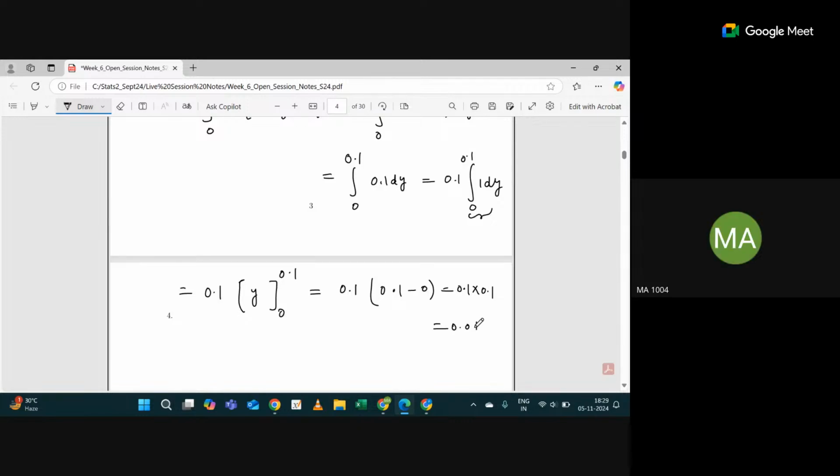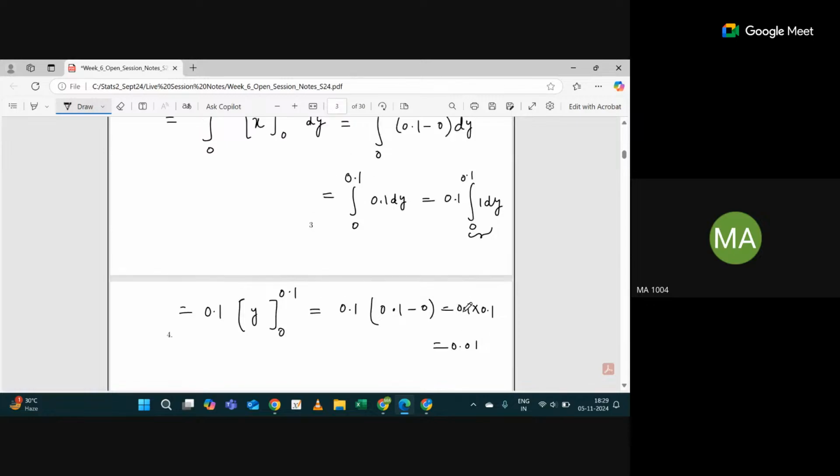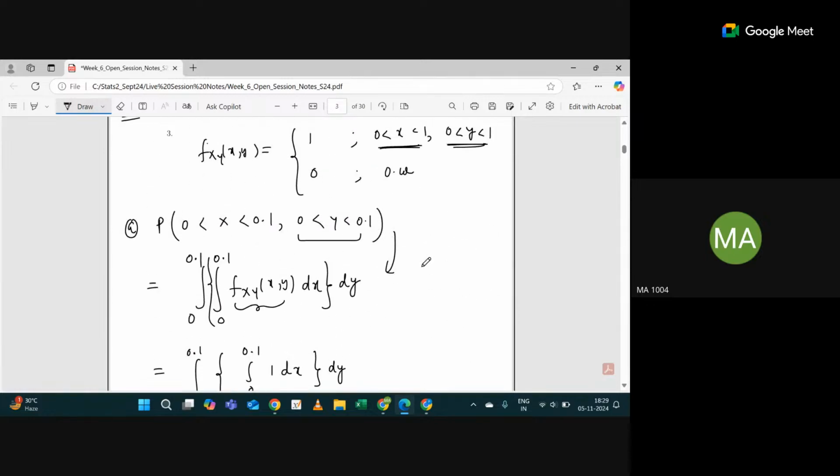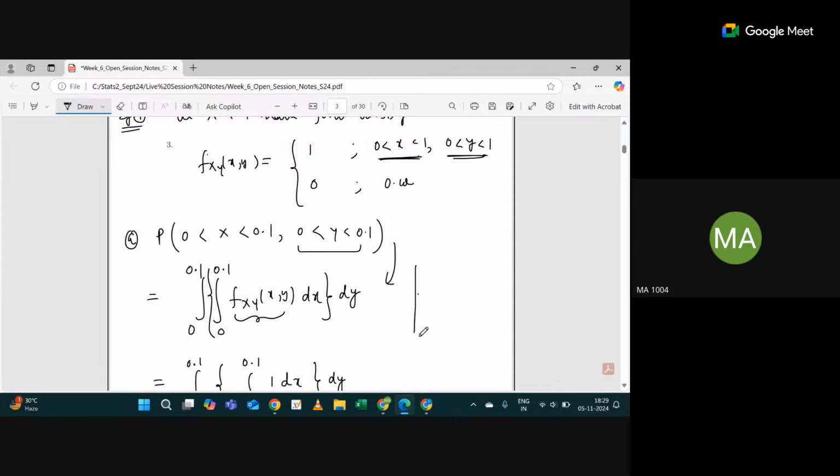That is one way. It's a straightforward uniform distribution. Suppose this is 1 and this is 1, so this is my total region, with y here and x here. Suppose 0.1 is here and 0.1 is here, so this square is the part in which I'm interested.